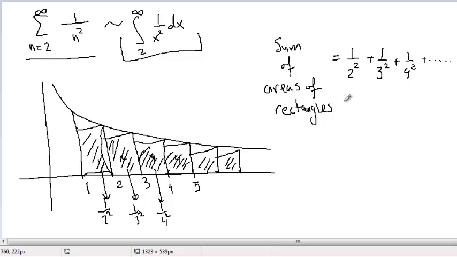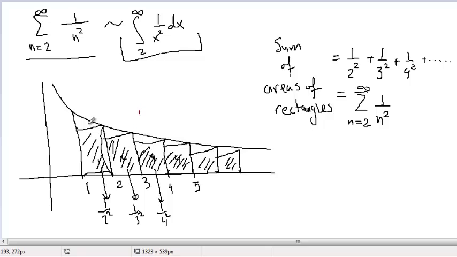And as you can see, this is nothing but the series I wrote up here, right? So this area is nothing but summation from 2 to infinity 1/n squared. Alright? So let's try to find something bigger than this sum, or something bigger than the sum of areas of all those rectangles. Let's go back to the picture and let's try to play with it a little bit.